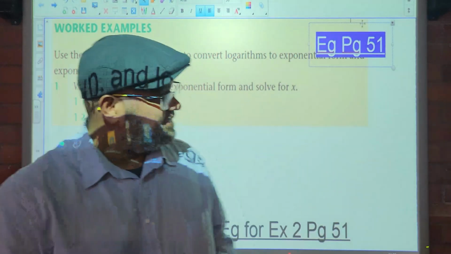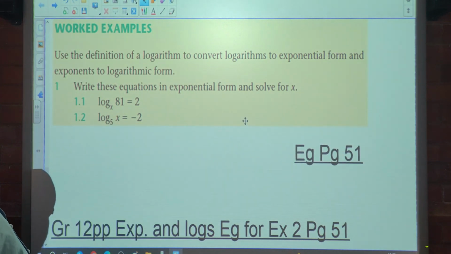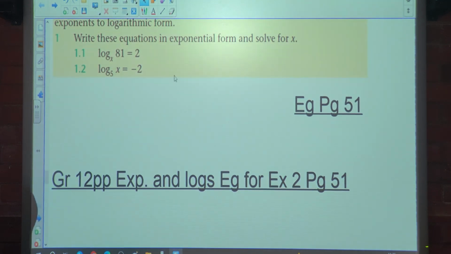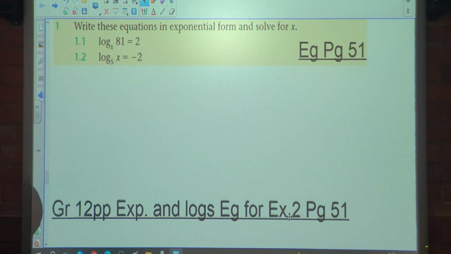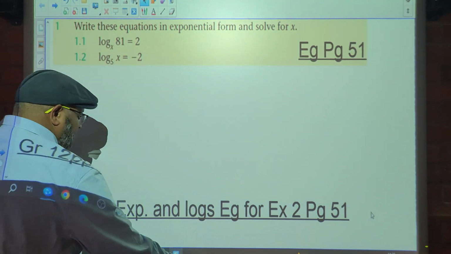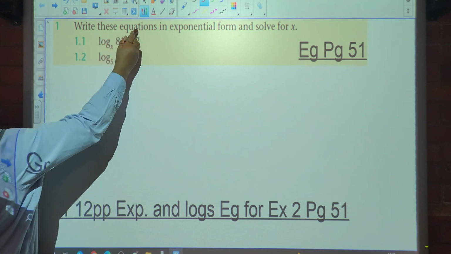Alright, so with that said, use the definitions of logs to convert logs to exponential form and exponential to log form. Okay. So number 1. Write the equation in exponential form and solve for x. So what did we say? Where will this 2 go? Onto the x.